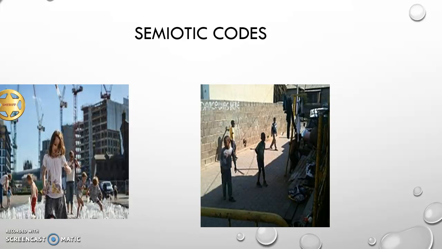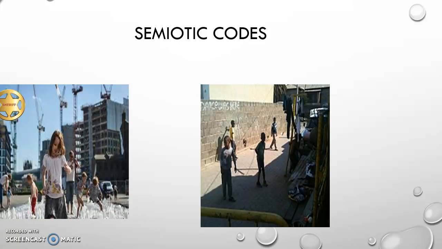The analogical code consists of signs that cause viewers to make mental comparisons. Looking at the picture on the right, the mental comparison could be that they're poor or lower class. They may not be. Mom and dad may be raising these children, and they could be middle class.